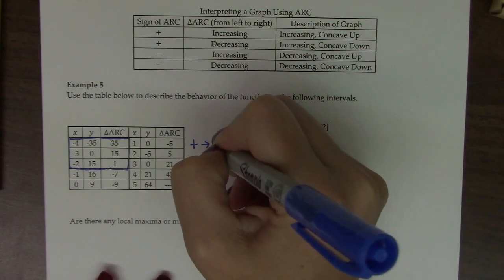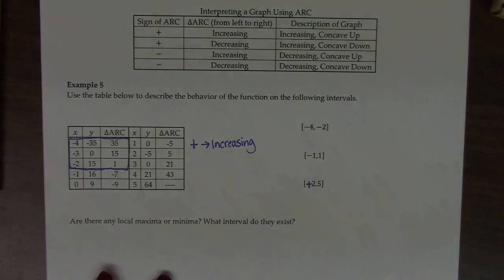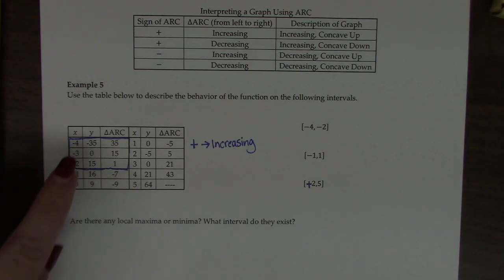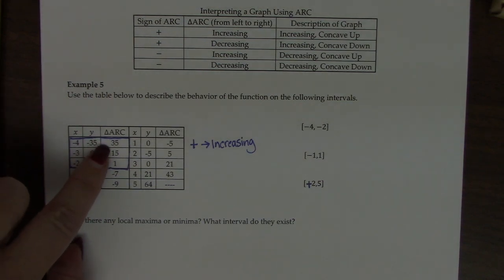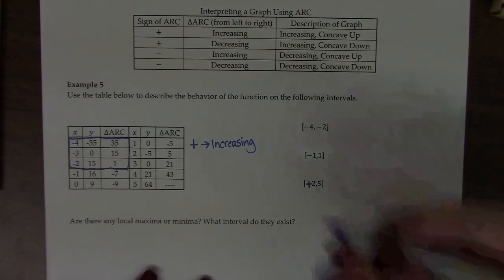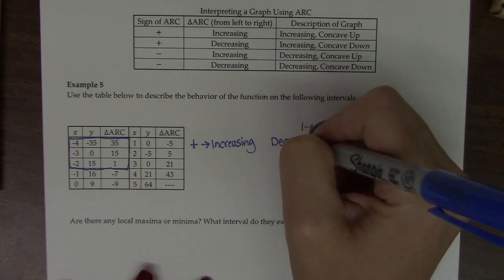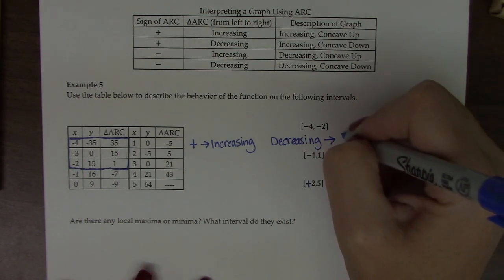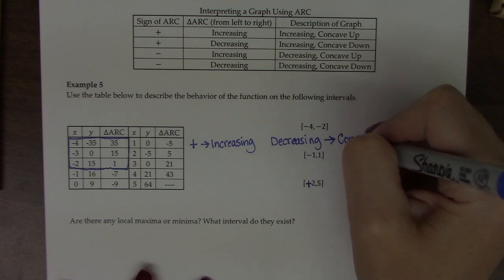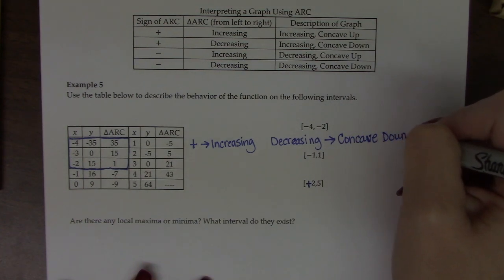That means the graph is increasing. However, what's happening to the value of the numbers? Well, it goes from 35 down to 15, down to 1. Since the numbers are decreasing in value, that means the graph is concave down.